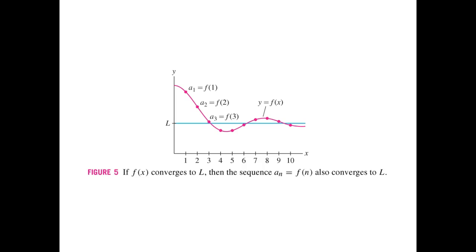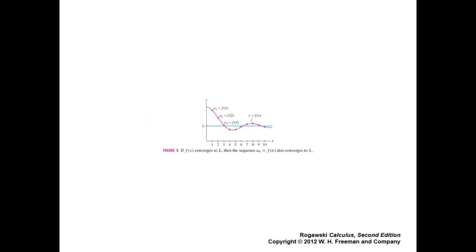Okay. Now they did give an example here. I don't know if this is the one that they plotted. I don't think so. But let's see. If this is your sequence, a sub n equals (n minus 1) over n.